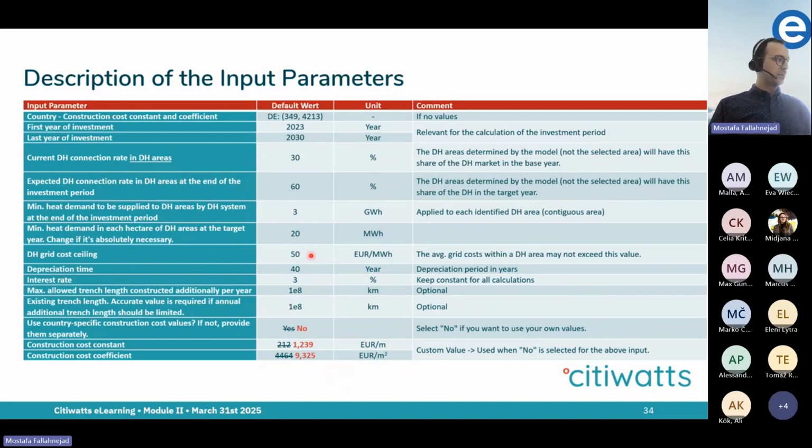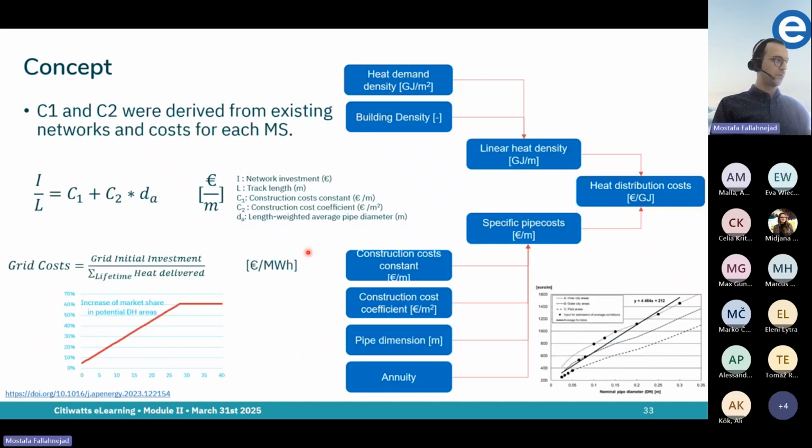There is one parameter, district heating grid cost ceiling, and this is a value which should not be exceeded when I have a coherent area. So let's say I have multiple coherent areas. In each one of them, the grid cost should not exceed this value. This is calculated by the calculation module.